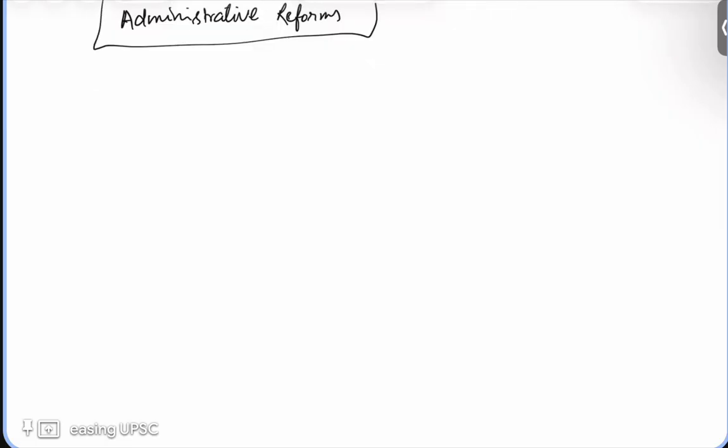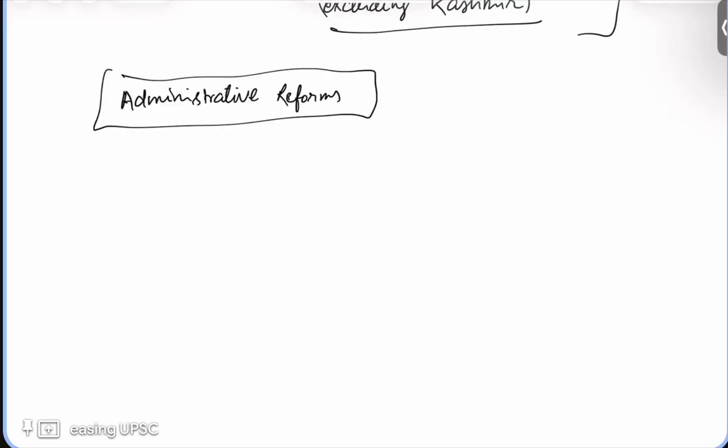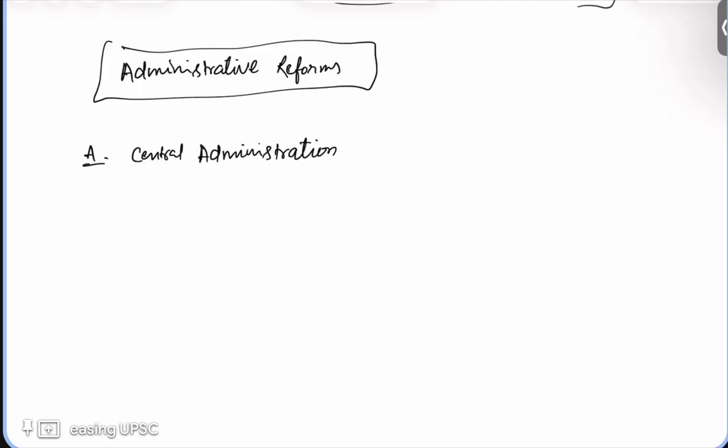He was a micromanager, if I may call him that, who believed the king must work hard for the welfare of the people. Let's talk about central administration. He continued the Sultanate system but made it more efficient.